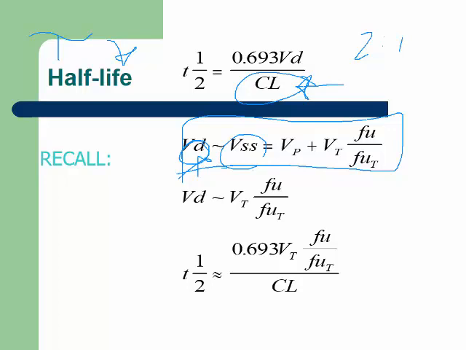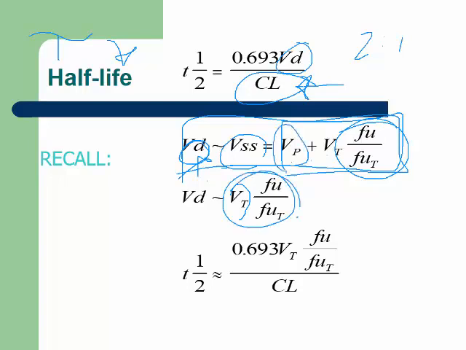We assume these are approximately equal, and we know that these things determine VSS: volume of plasma plus volume of tissue, times a fraction unbound in plasma over fraction unbound in tissue. So if we can say that our volume of distribution here is really equal, so we can leave in the VP, but this plus makes it kind of hard. We'd like to have all multiplication so we can cancel things.